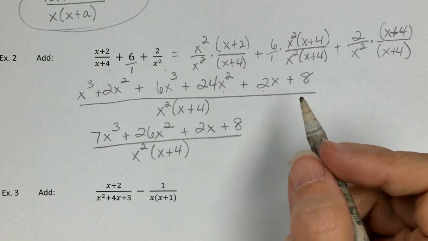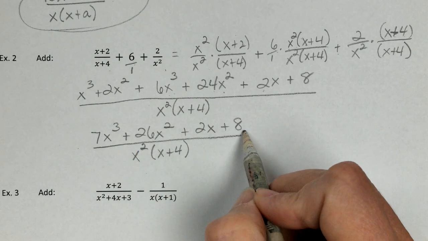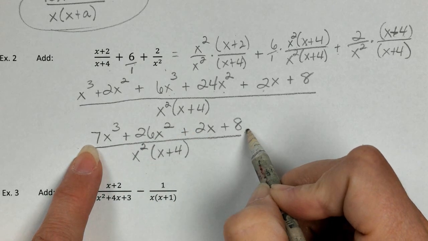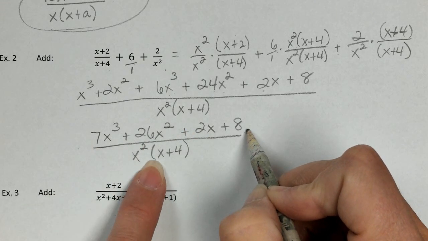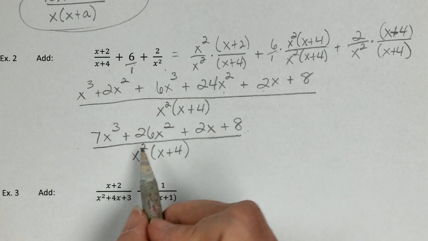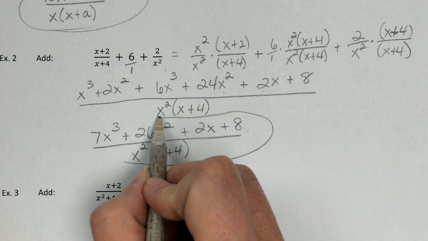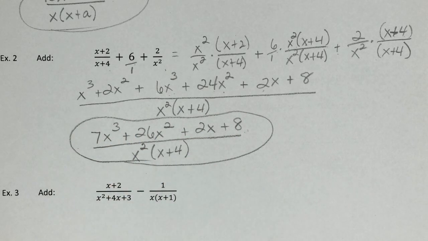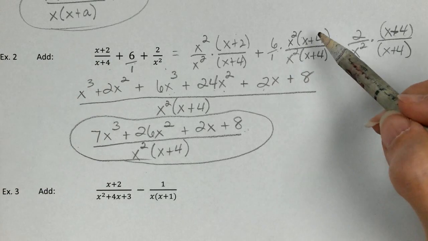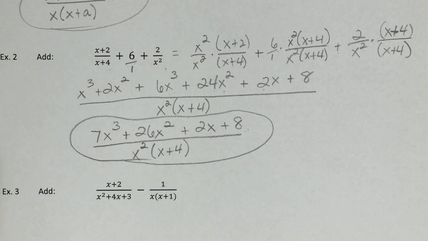And I know that I cannot factor an x out of the numerator because this 8 doesn't have an x as a factor. And x plus 4 will not be a factor of the numerator. So again, that's all there is to do. Get common denominators, distribute, add like terms, and then see if it will simplify.